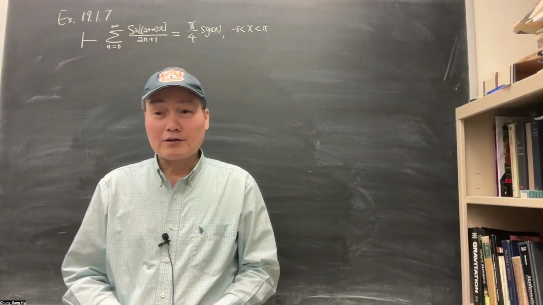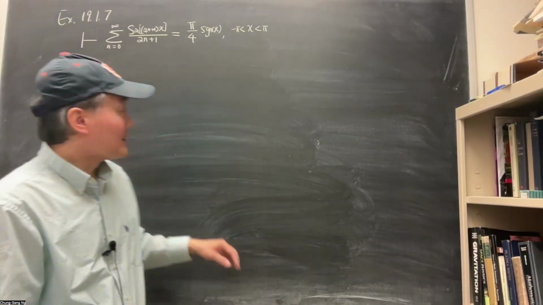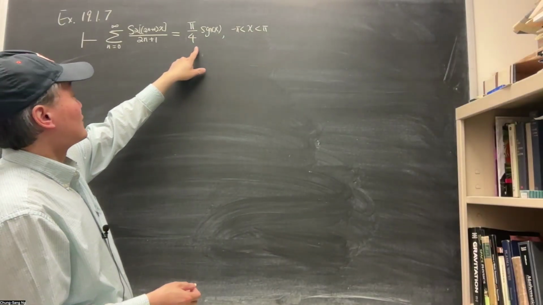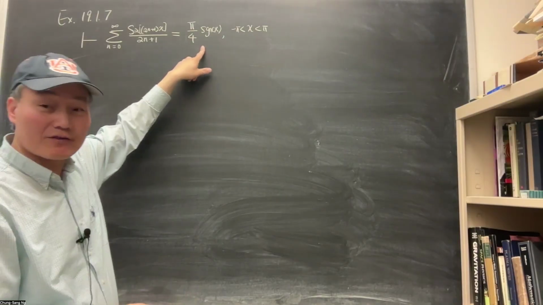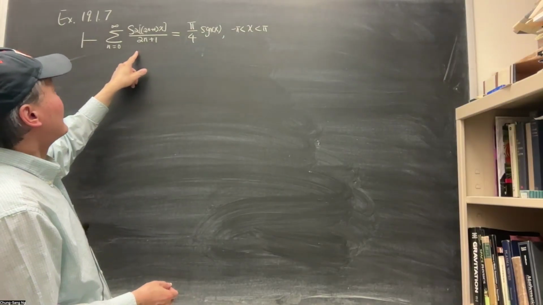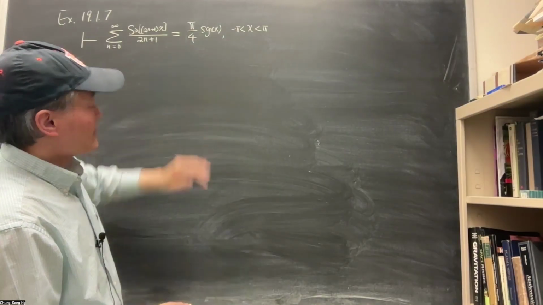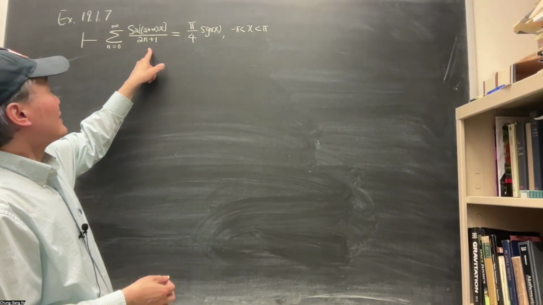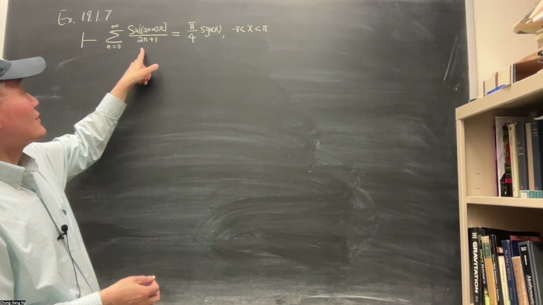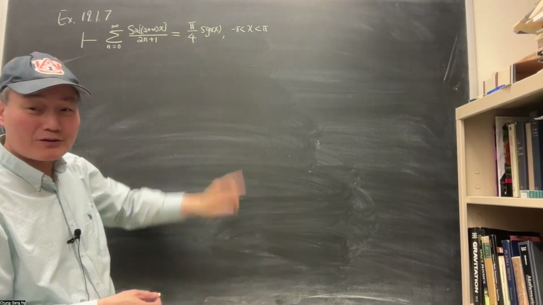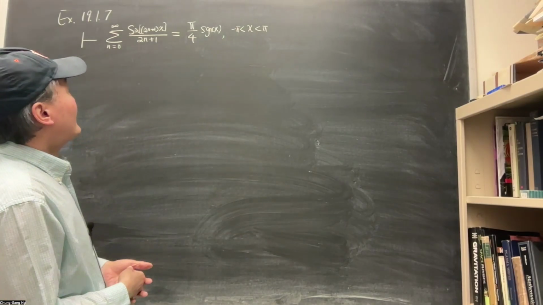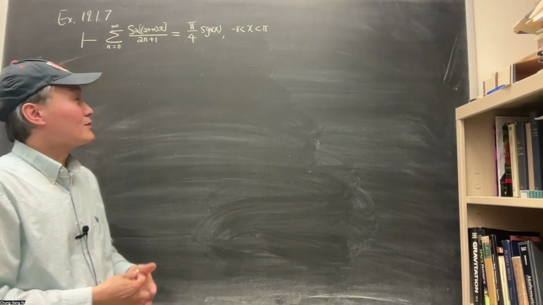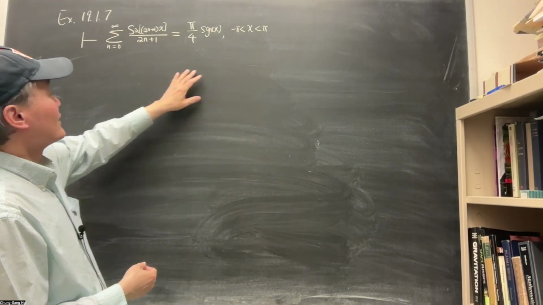So in class, I solved this problem by finding the Fourier series of the given function, and it's not what the question asks. Actually, the question asks to sum over this series to get to this function. And for completeness, I'll do this summation.